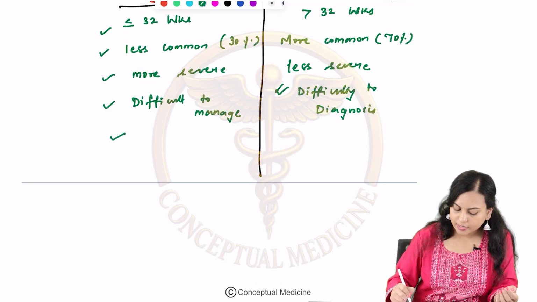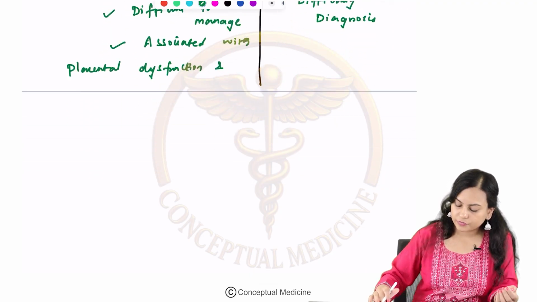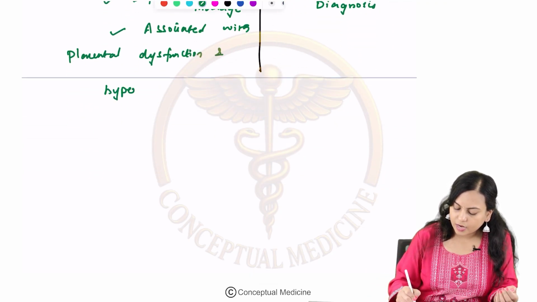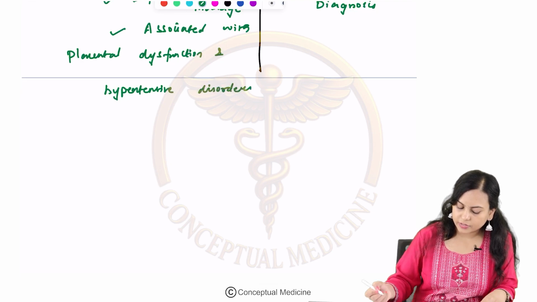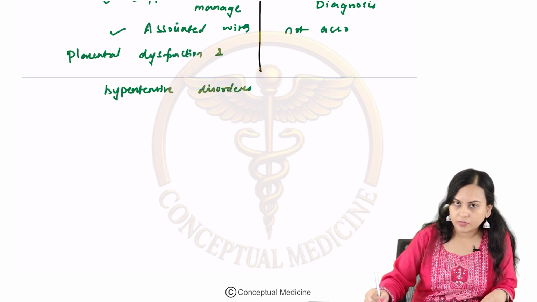Clear? And then usually early onset IUGR is associated with placental dysfunction and hypertensive disorders, whereas late onset IUGR is usually not associated with hypertensive disorders.